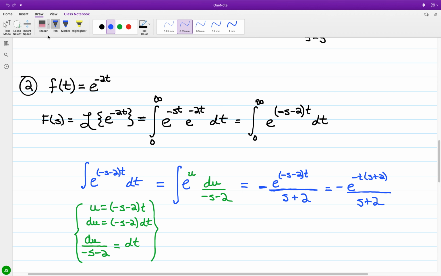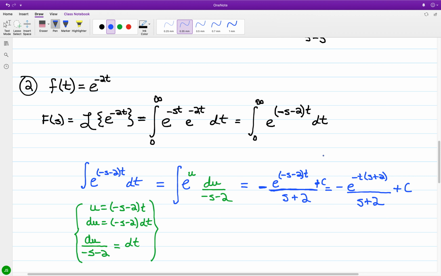With back substitution, you have the negative of e raised to the quantity of negative s minus 2 times t, over s plus 2. And technically I'm supposed to add a constant. Like what I did with the previous function, I'm going to factor out negative t, so I'm going to have the negative of e to the negative t times the quantity of s plus 2. With distribution, that still comes out to negative st minus 2t.